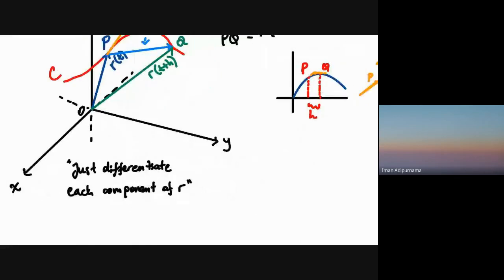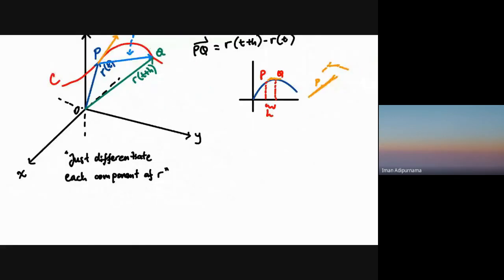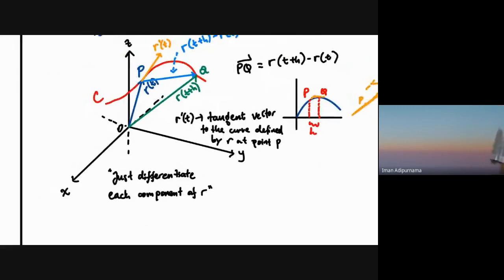And here r prime is defined as the tangent vector to the curve defined by r at point P. Okay. Because tangent depends on point. Just remember that.